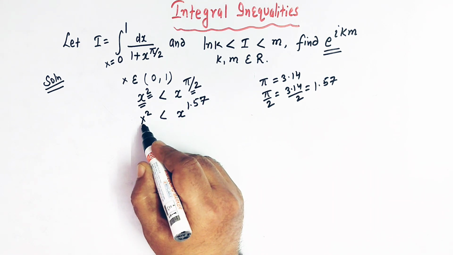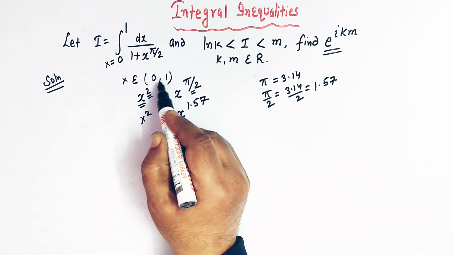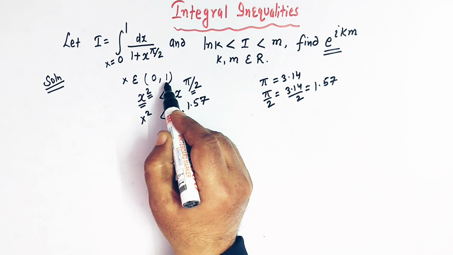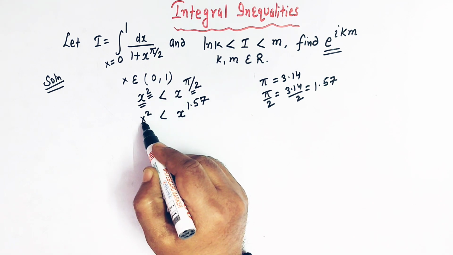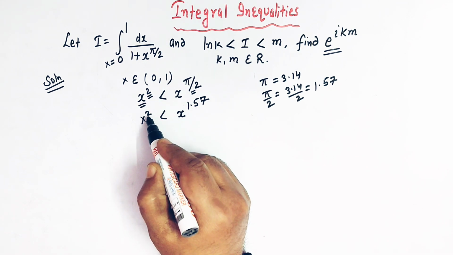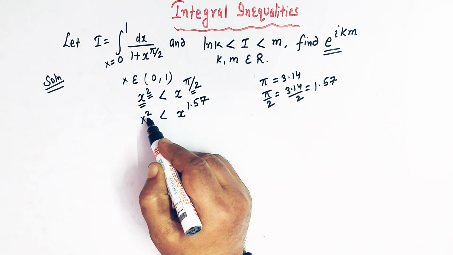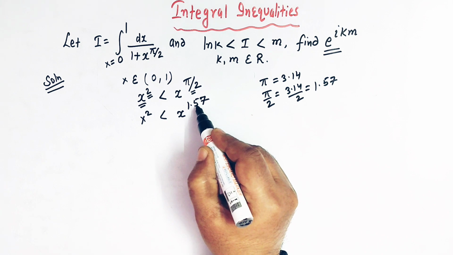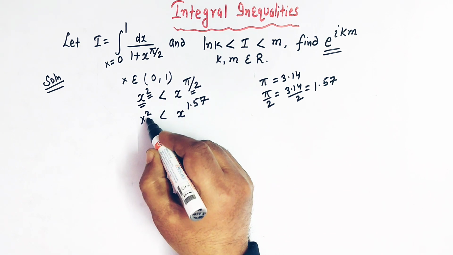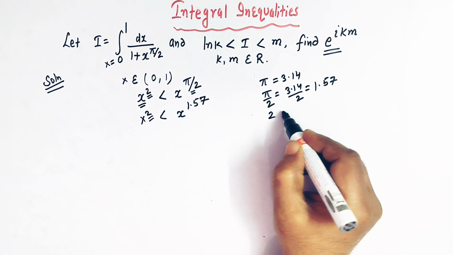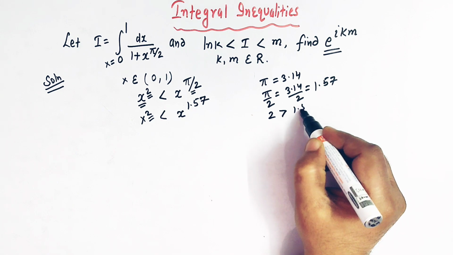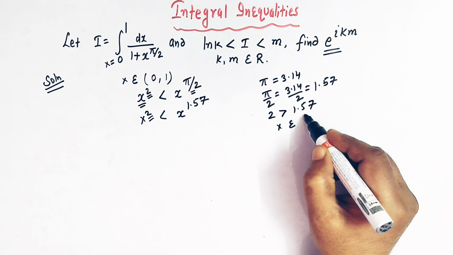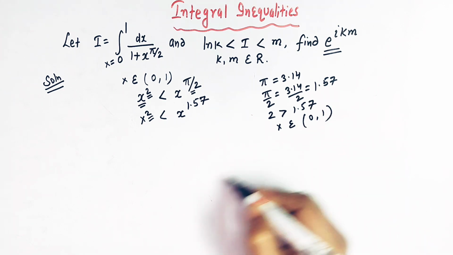1.57. Now since x is a number which is less than 1, or it lies between 0 and 1, higher is the power of x, then the number is less. So here 2 is greater than 1.57, and x belongs to the interval 0 comma 1.